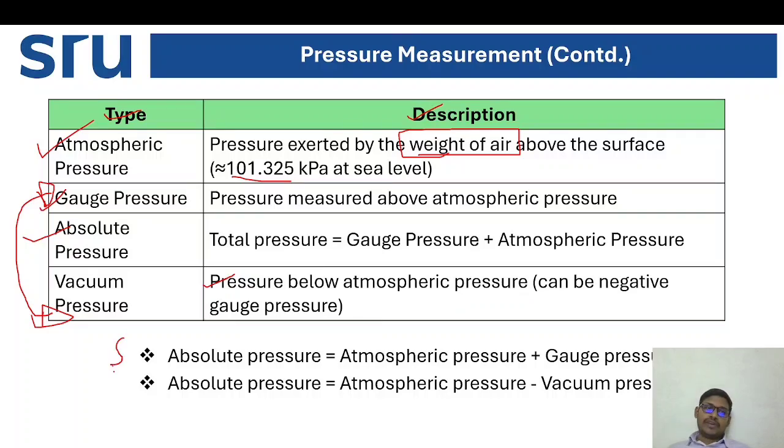Now, in a simplified way, absolute pressure, that is total pressure, equals gauge pressure plus atmospheric pressure, as we know, and absolute pressure is also atmospheric pressure minus gauge pressure when the gauge pressure is negative. So if it is plus, you take gauge pressure.